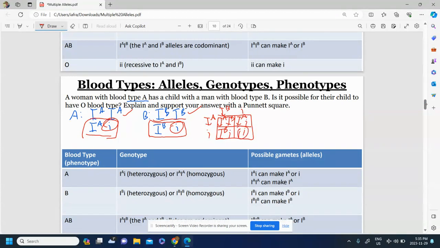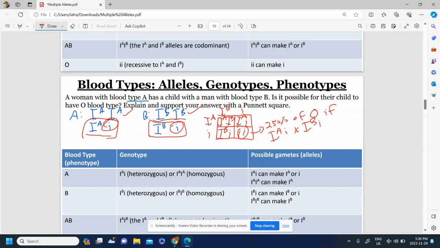So about 25% chance of O if your parents are IAi and IBi. If they're anything else, if they're homozygous, then they're not going to make that.